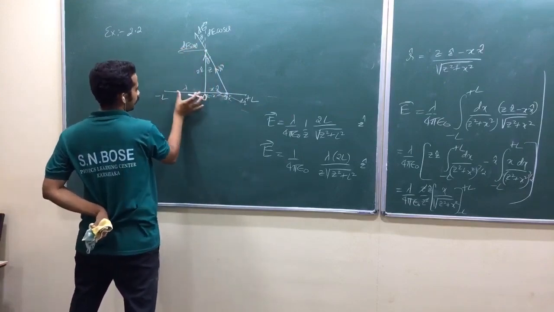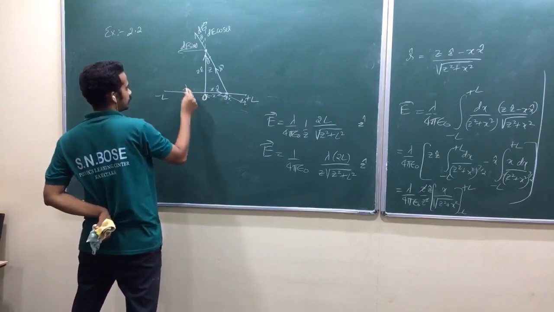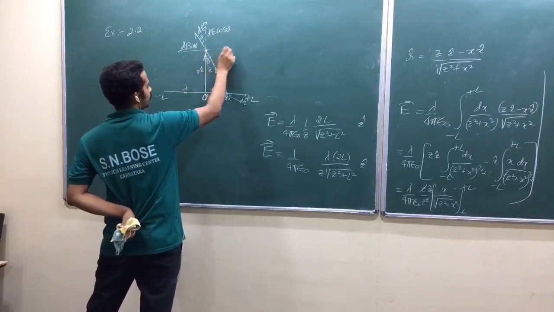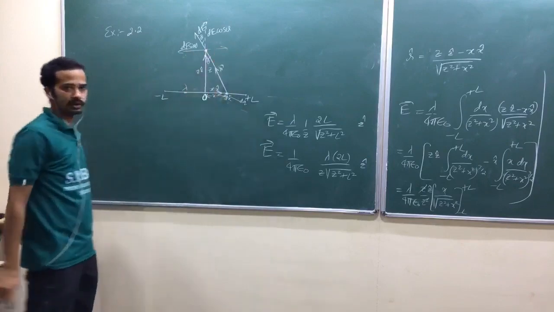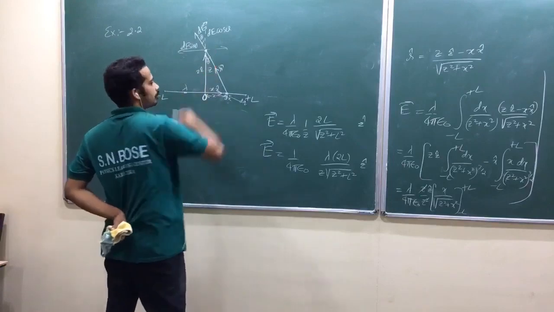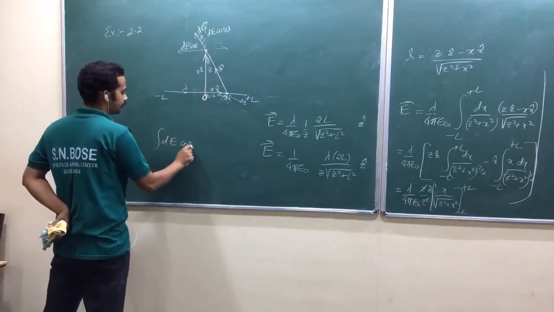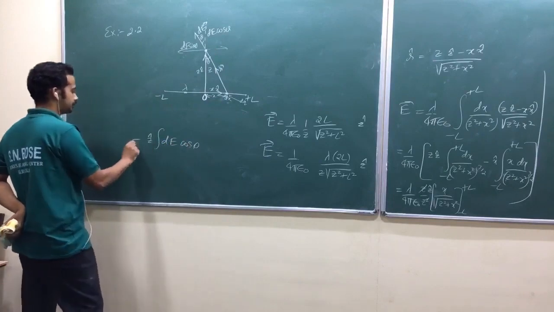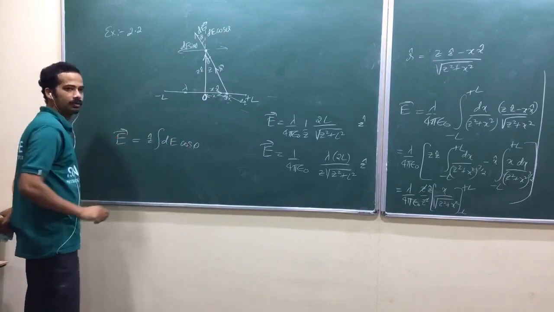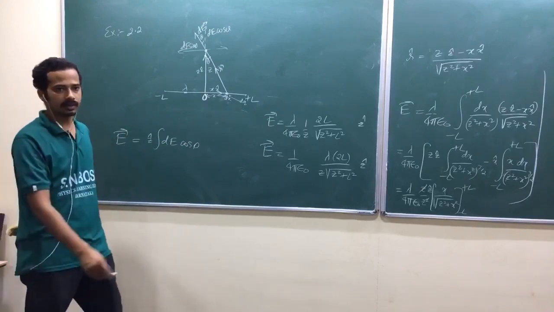There will be another element at the same distance on the other side, which will cause an equal and opposite horizontal component. The horizontal component will get cancelled and the vertical component will get added. You can integrate dE cos theta, then put z cap, because vertical components are getting added.